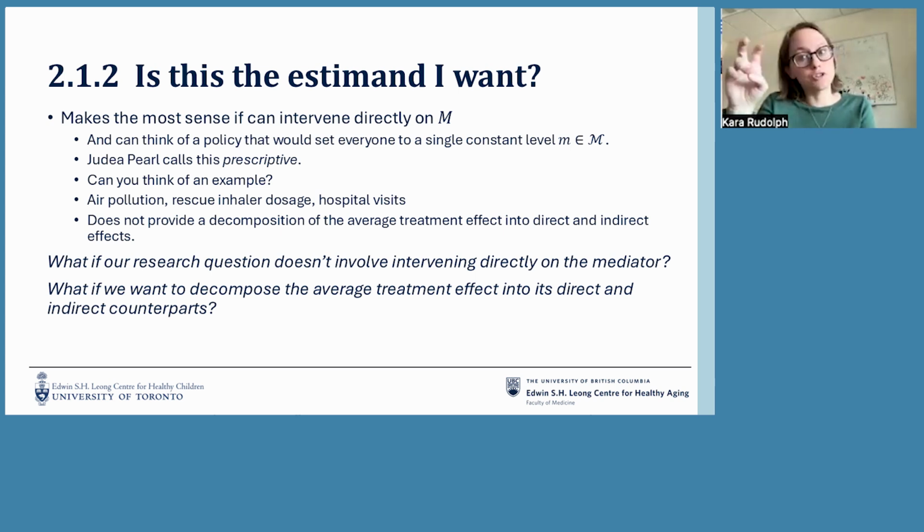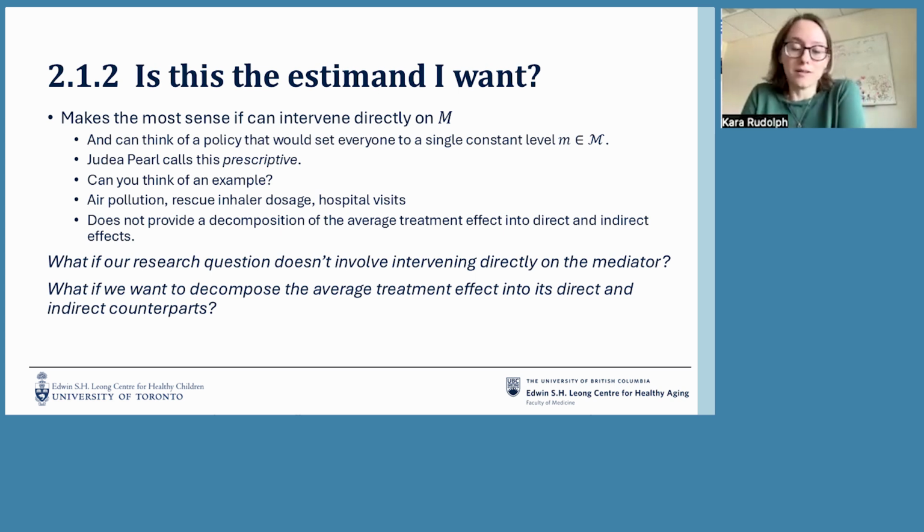Pearl calls this a prescriptive type of estimand, because we're literally prescribing what everybody's value of the mediator has to be. An example that I came up with a while ago is, let's think about air pollution as the exposure. Then you could envision setting some sample of people, everybody, to a constant rescue inhaler dosage as their mediator.